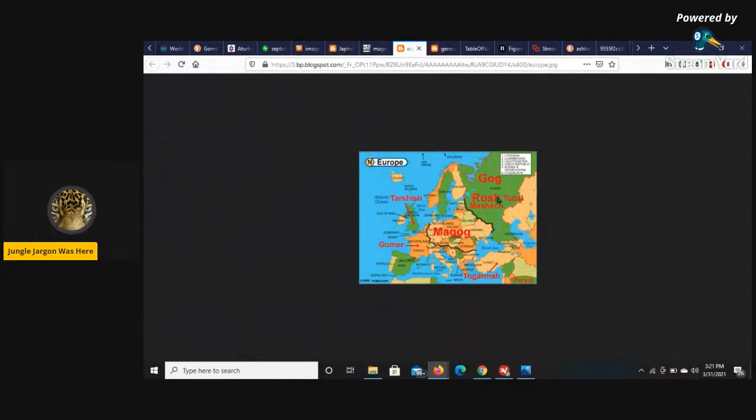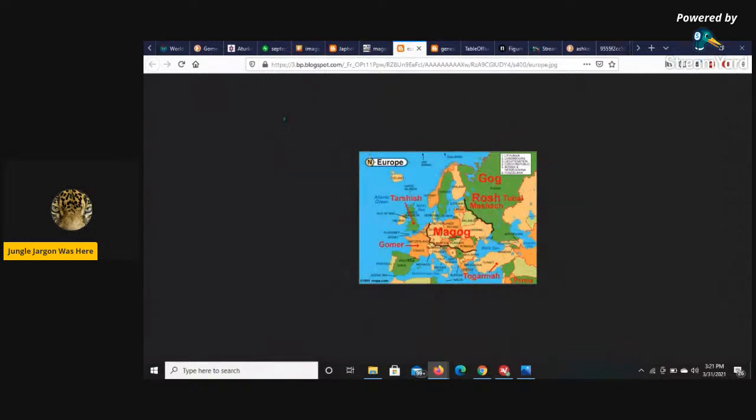And there is the R1B, R1, and R2, which are in these areas. There are no other main Asian Y chromosomes in Europe. The only Y chromosome in Europe is R. And like I said, with the exception of T and Q, which is way over to the other side.